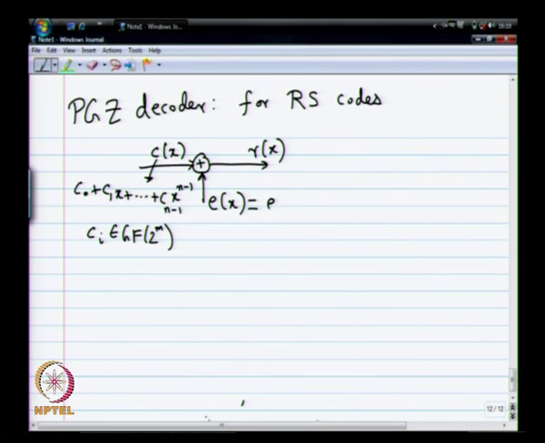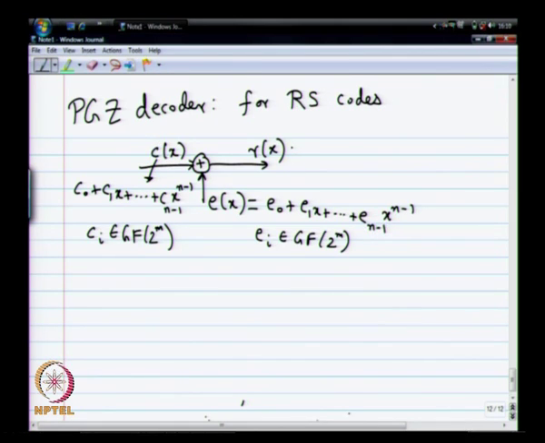Now the same thing will hold for the other polynomials also. E of x will be E0 plus E1x plus so on till En minus 1 x to the power n minus 1, and each Ei will belong to GF 2 power m.